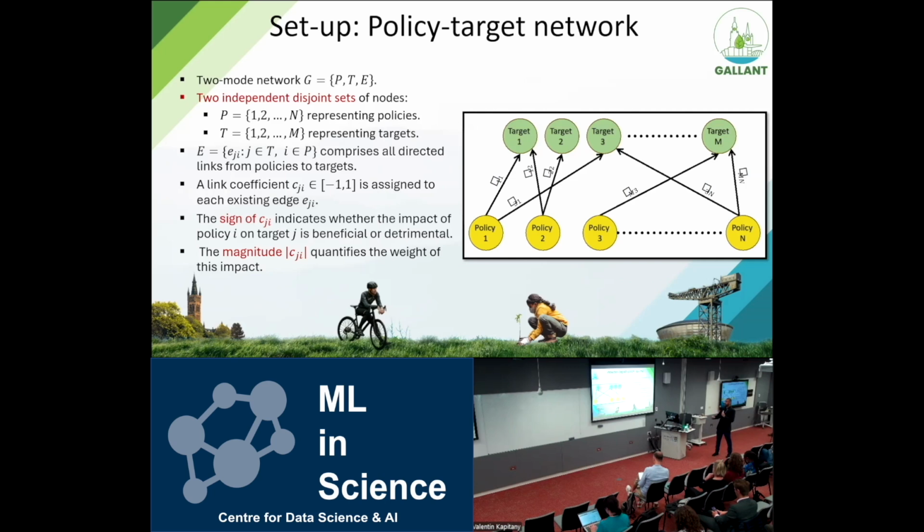Each edge is assigned a link coefficient, where the sign of each coefficient can be either positive or negative, indicating whether the impact is beneficial or detrimental. And the magnitude of that coefficient quantifies the weight or the strength of that impact.